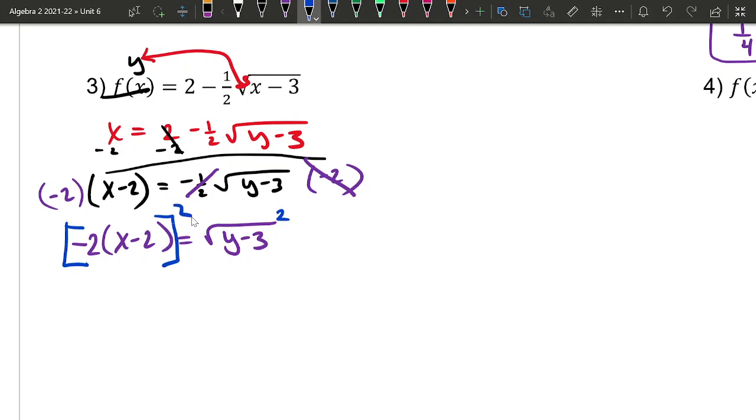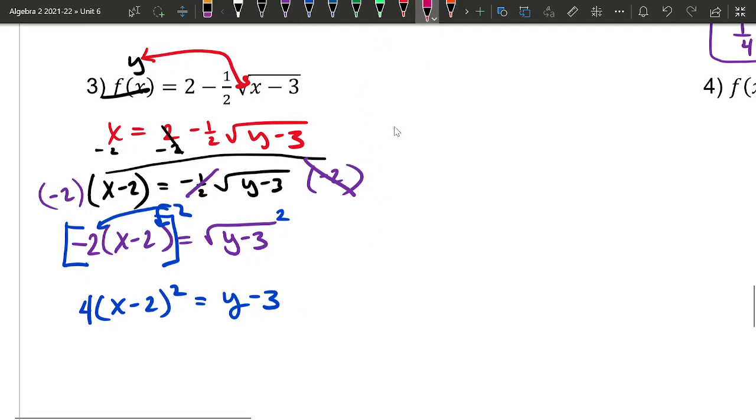So I'm going to square the negative 2. Negative 2 times negative 2 is positive 4. And then the binomial I'm going to leave written as x minus 2 squared. But make sure that you get both pieces there and the parentheses. Equals y minus 3.